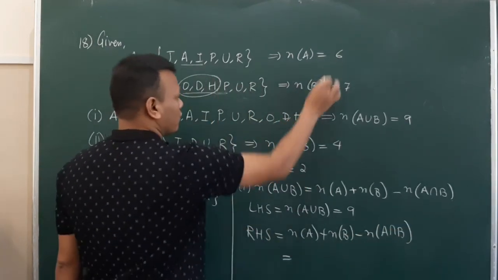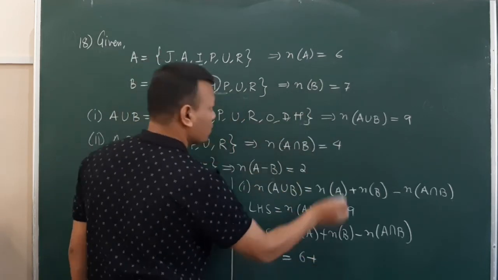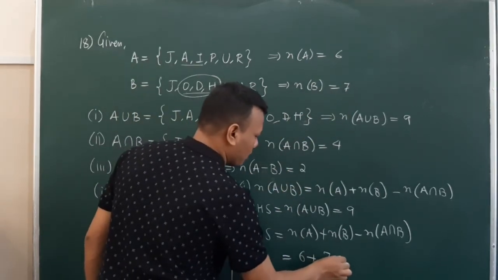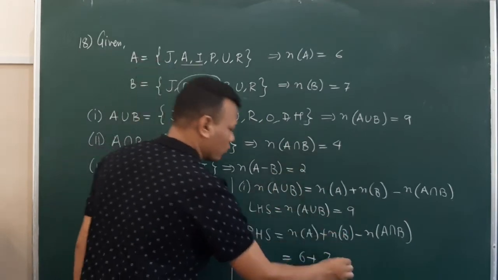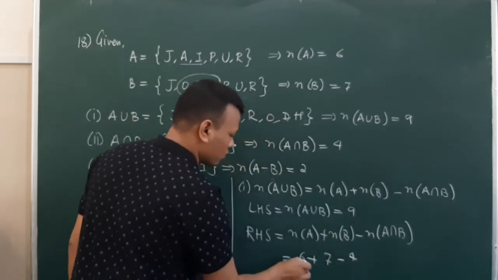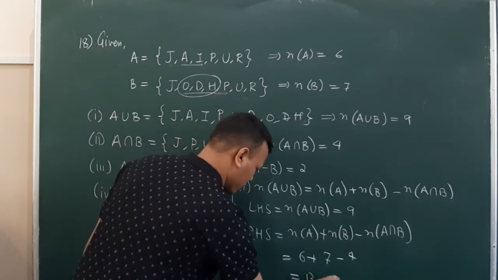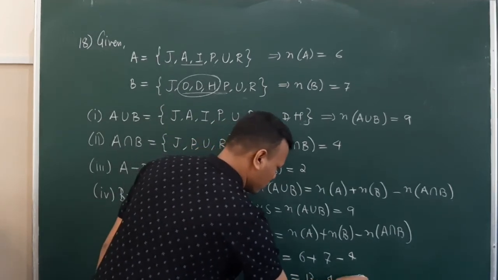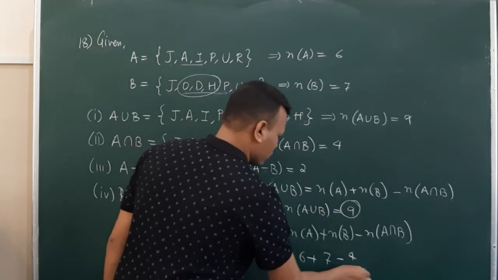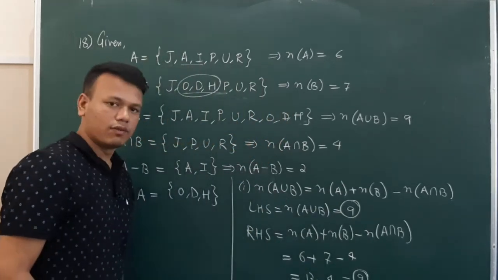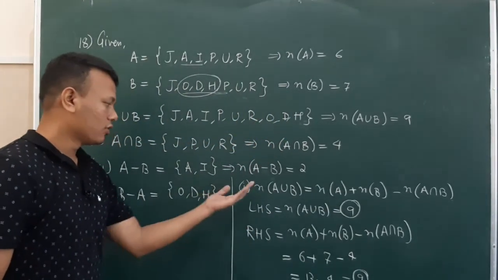So what is N of A? N of A is 6 plus N of B is 7 minus N of A intersection B is 4. So let's add them up. So this plus this is 13. So 13 minus 4 is how much? This is equal to 9. See, this is also 9, this is also 9. Hence, this is verified. Alright, pause the video and note it down. Try the second part by yourself.